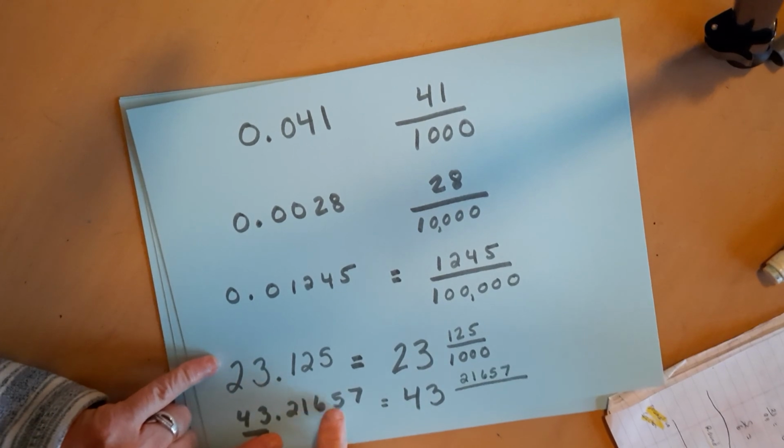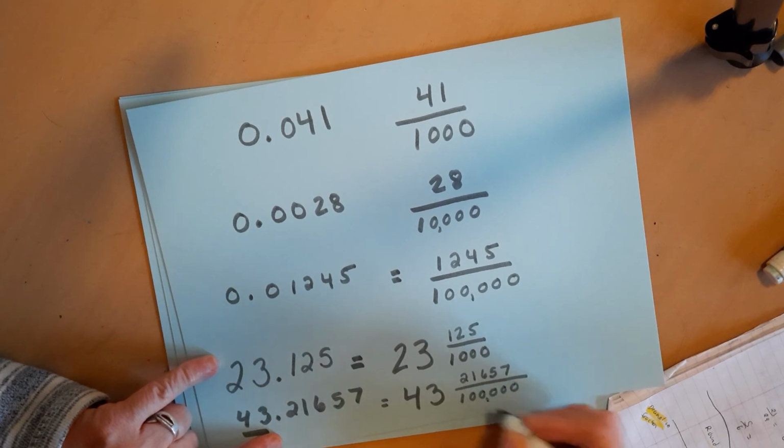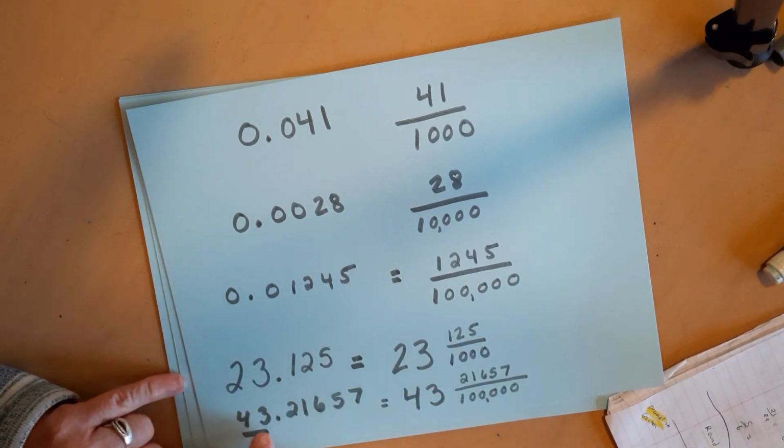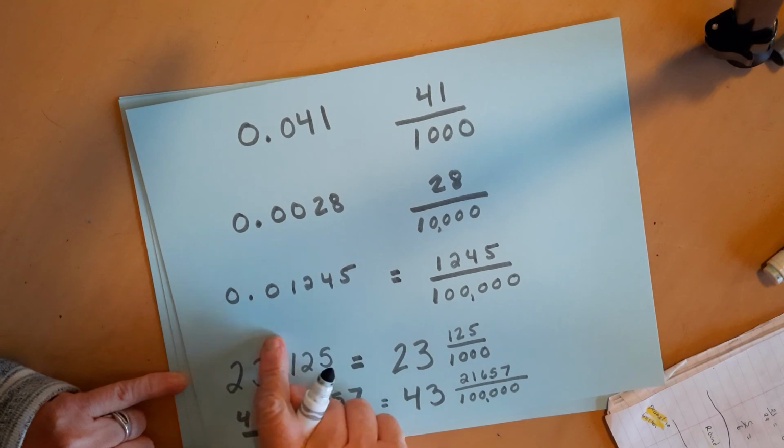There are 5 places behind the decimal point, so we need a 1 with 5 zeros, which equals 100,000. So this 43.21657, when you change that decimal into a fraction, you get 43 and 21,657 over 100,000. That's how you change them that way.